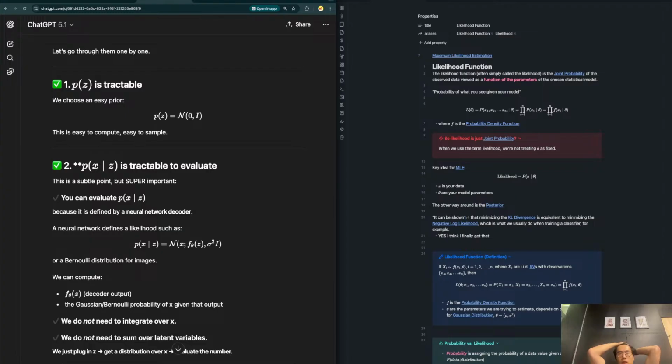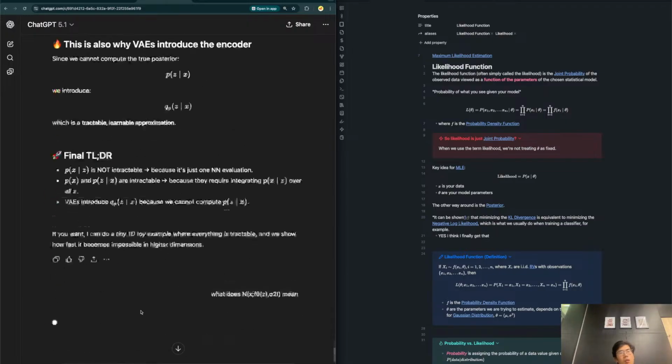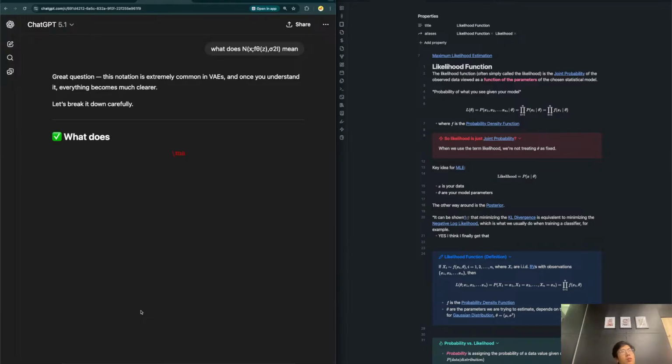I guess it's just conditioned on Z, right? So it's a mean of x. I don't know, there should be two numbers.